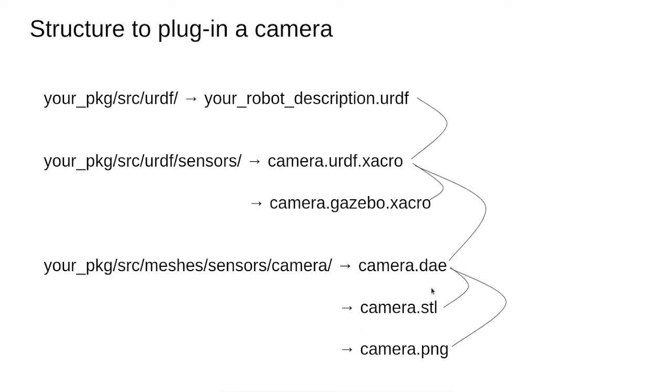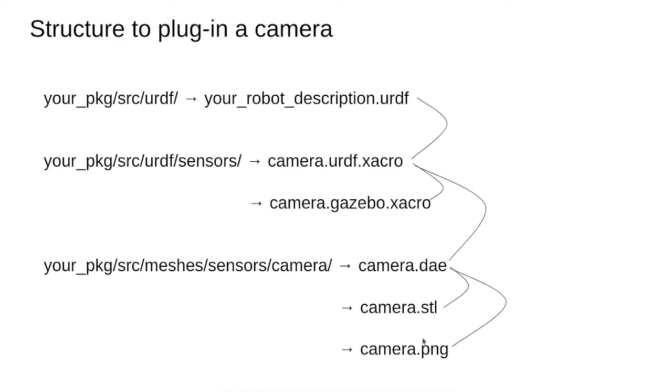All these low-level files will be contained in the source folder. We are gonna create a meshes folder, sensors, camera, and it will contain all the files that describe our camera.